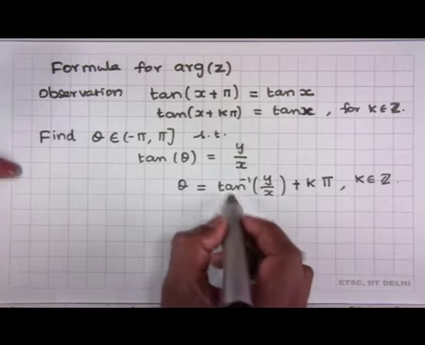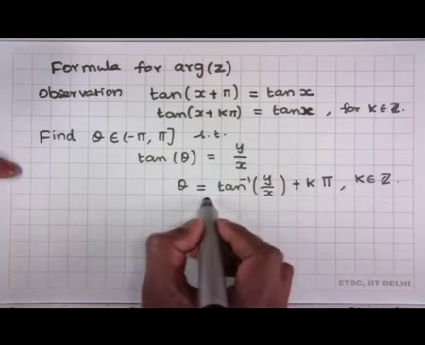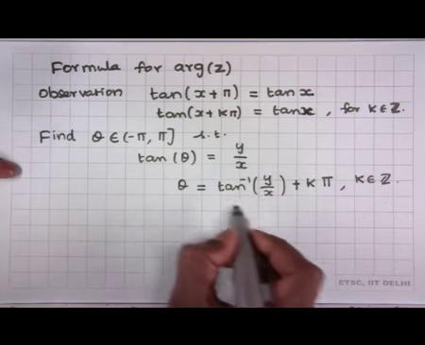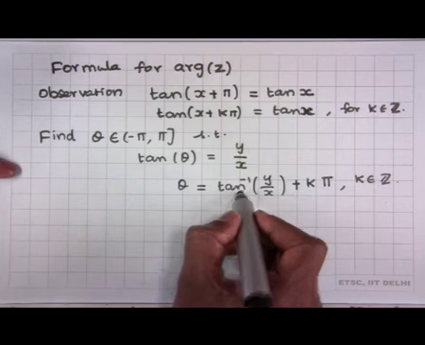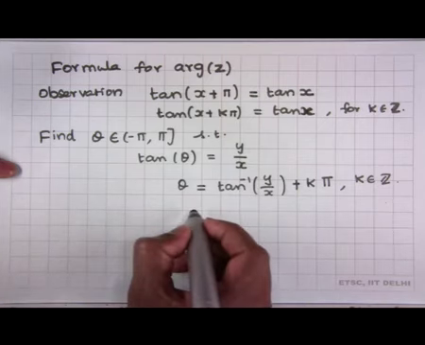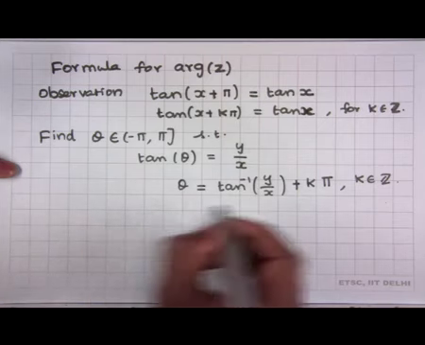So, to avoid this multi-valued nature, again we restrict the value of tan inverse to the interval minus pi by 2 to pi by 2.